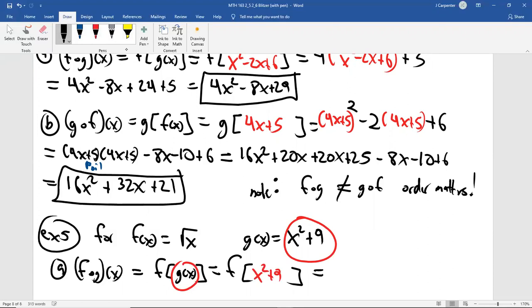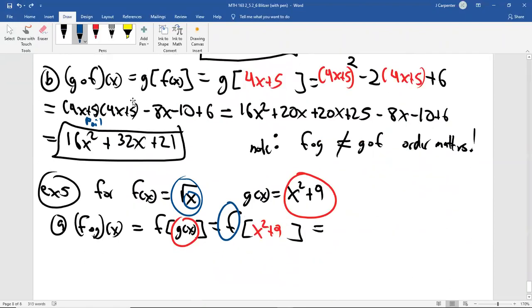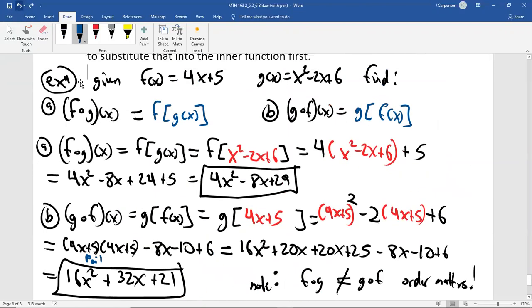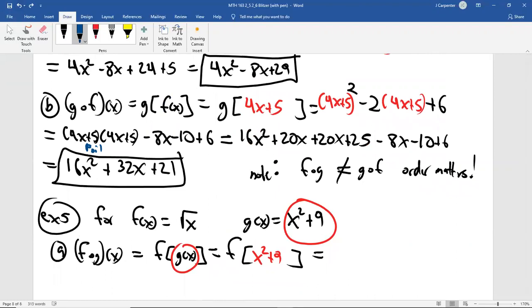So that says we go to the f function, and we're going to replace its x's with what's inside. So this x is going to turn into x squared plus 9. I circled the wrong thing at first. I just meant to circle this. Boom.